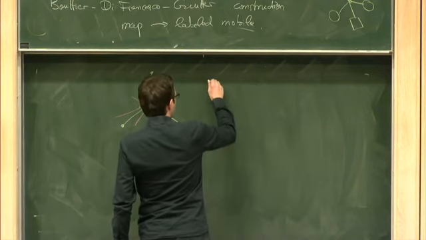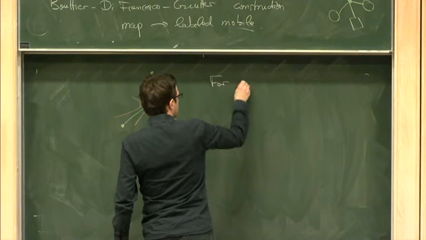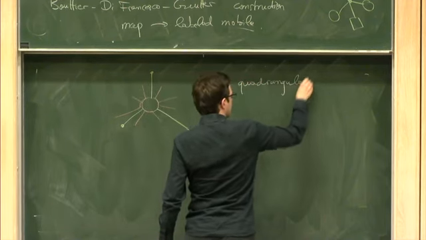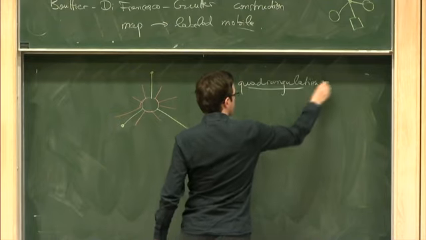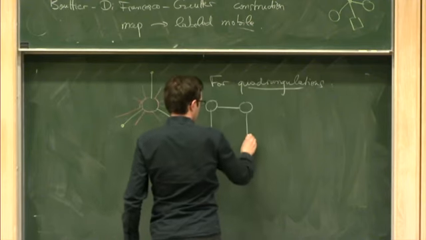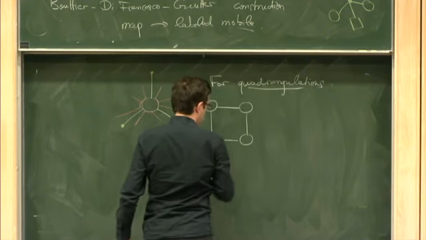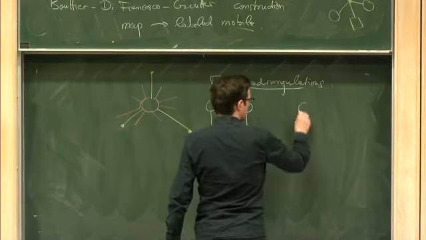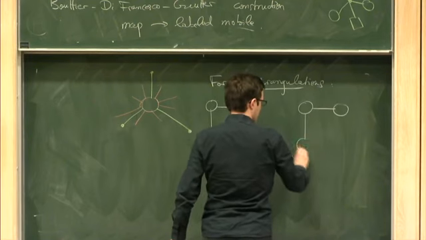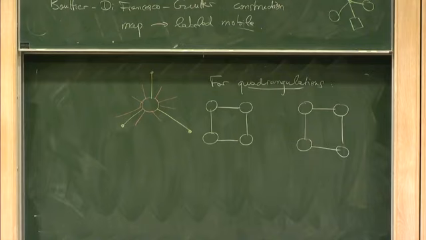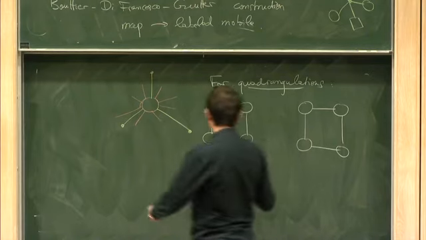Now how does it work in the case of quadrangulations? For quadrangulations, the right thing to do is to look at the faces of the quadrangulation. The faces will be labeled by the distances to V star.